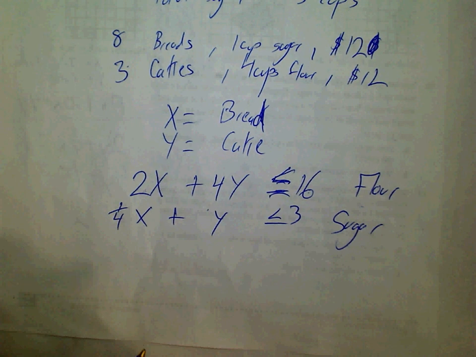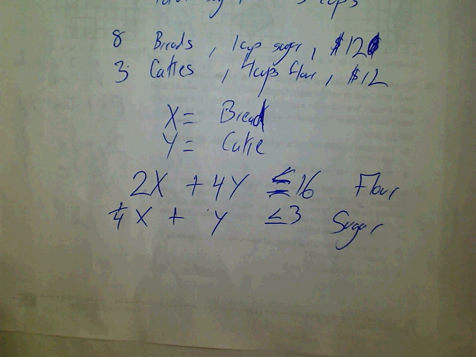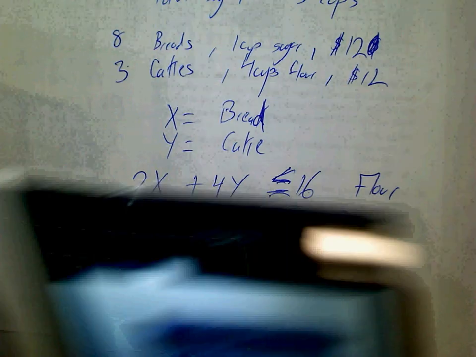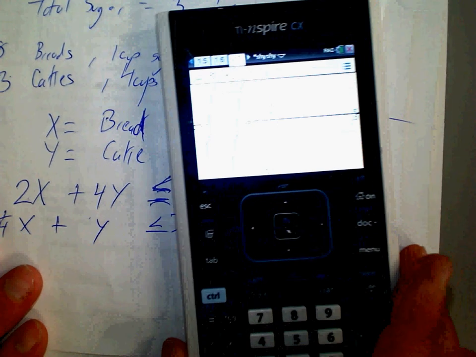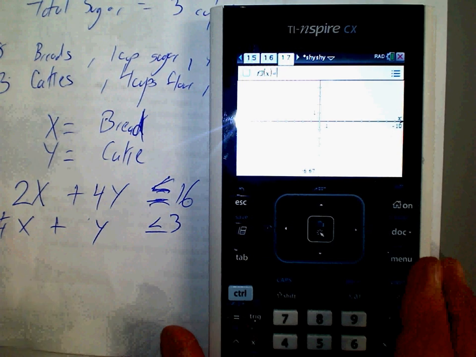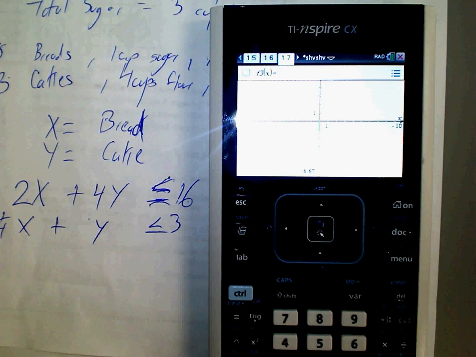Hey, let's look at this. Go to your calculator. Let me show you a nice little trick. Go to a graph. Let's put these constraints on your graph. Maybe we can find something that'll work.